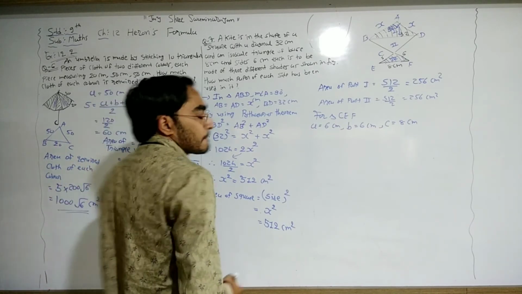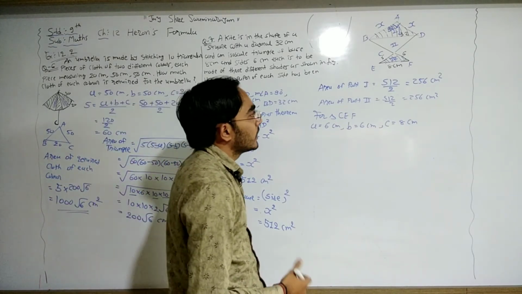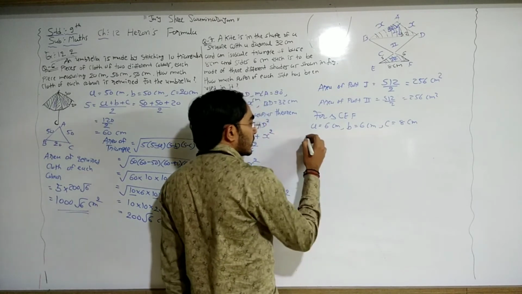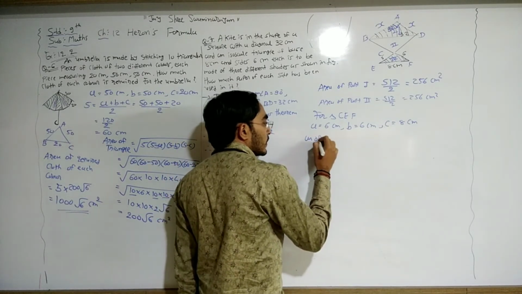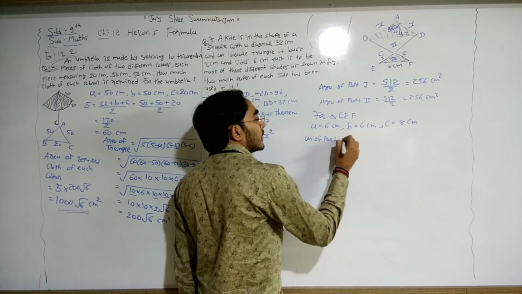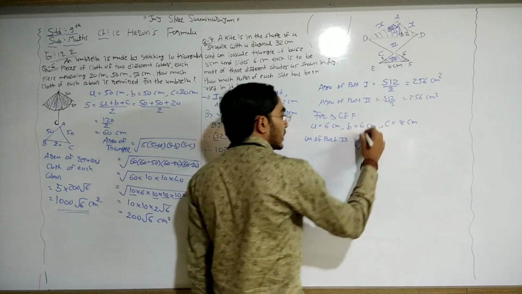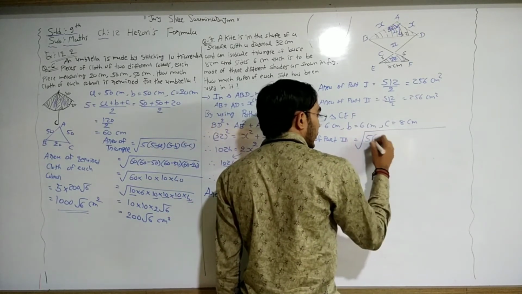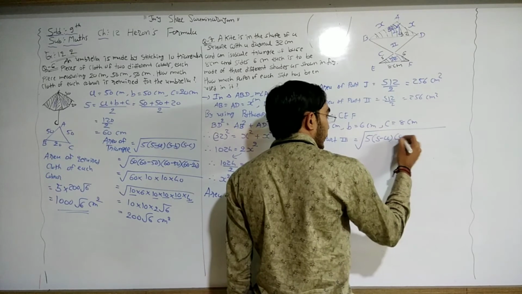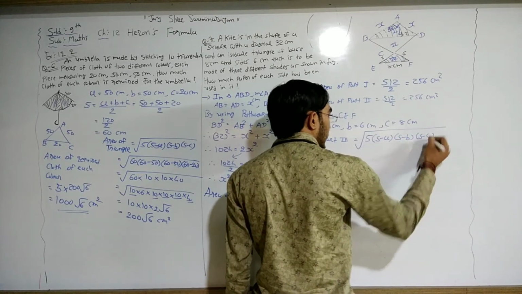Now use Heron's formula. So area of part 3, that means area of the triangle, is the square root of S times S minus A, S minus B, and S minus C.